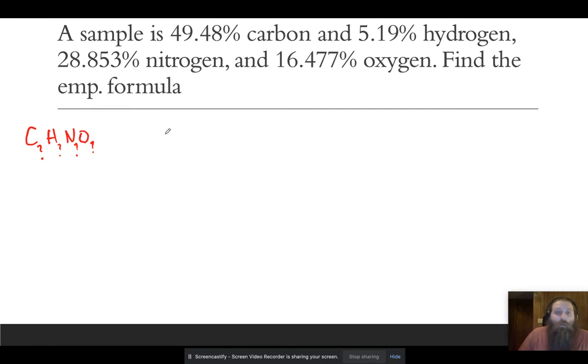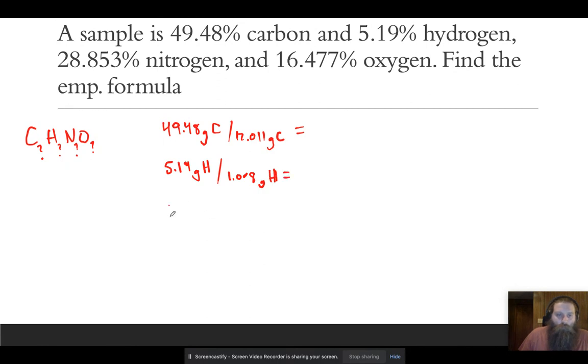Sorry, I lost my train of thought. We'll go 49.48 grams of carbon divided by 12.011 grams of carbon, and that'll give us moles of carbon. We need 5.19 grams of hydrogen divided by 1.008 grams of hydrogen.